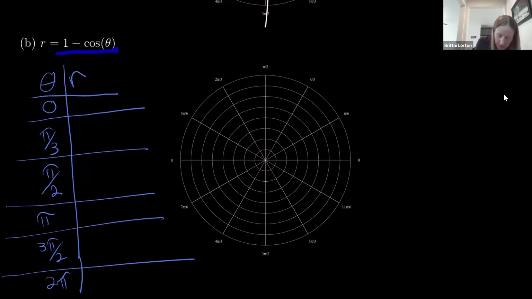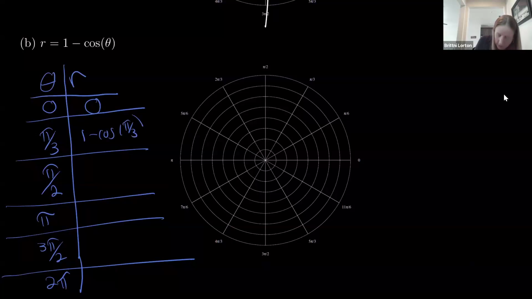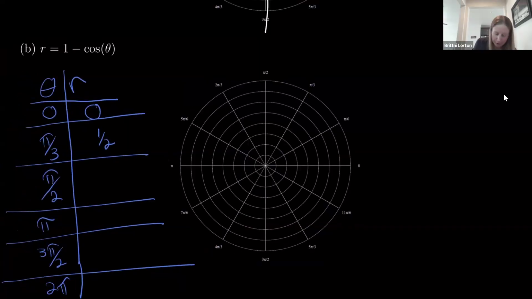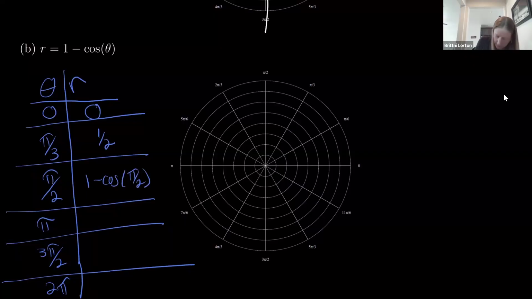Okay, plug in 0. 1 minus cosine of 0. Cosine of 0 is 1, so 1 minus 1 is 0. Then 1 minus cosine of pi thirds. Cosine of pi thirds is 1/2, so 1 minus 1/2 is 1/2. Pi over 2 becomes 1 minus cosine of pi over 2, but cosine of pi over 2 is 0.